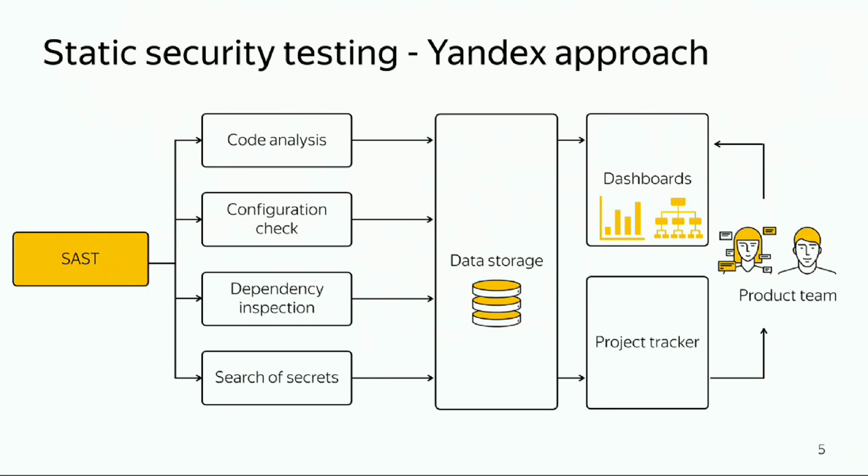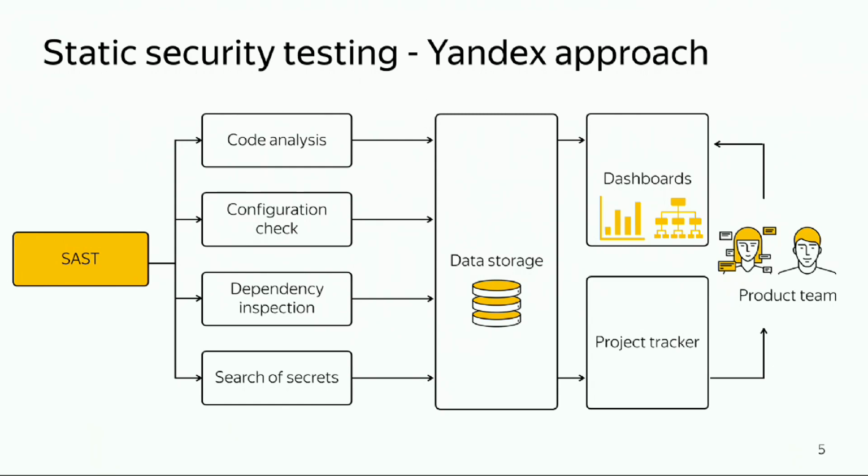We also have several similar systems in our company which perform configuration checks. It's a very important step, and usually you have to use some exotic tools or create your own, because sometimes you have your own known configuration issues, and it's very important to fix them.